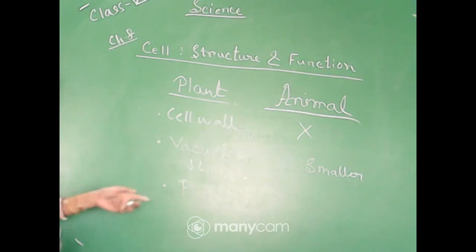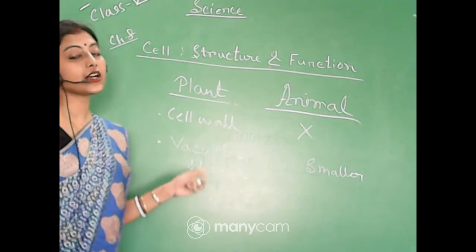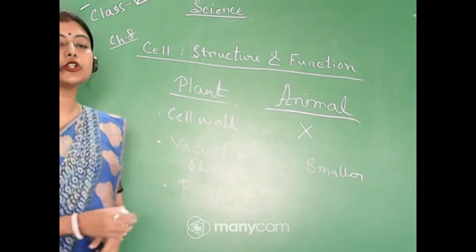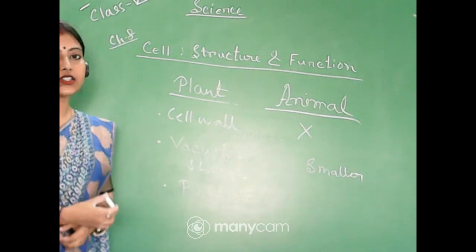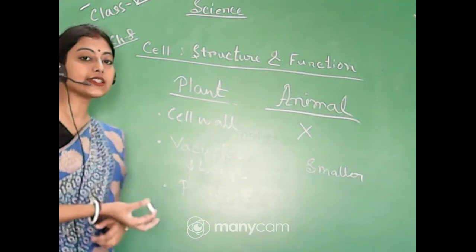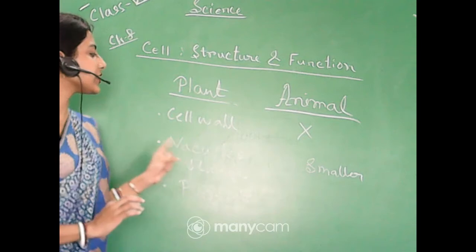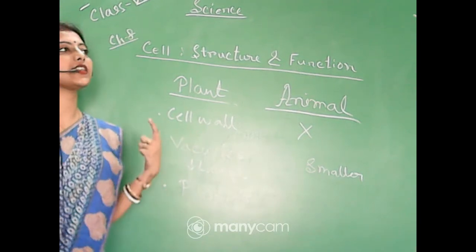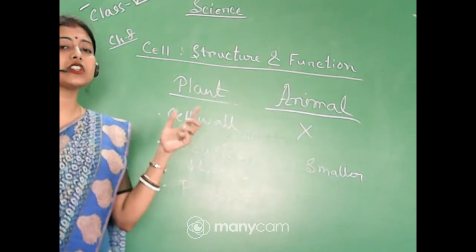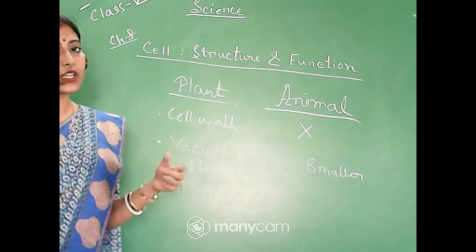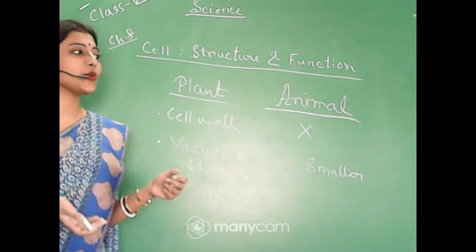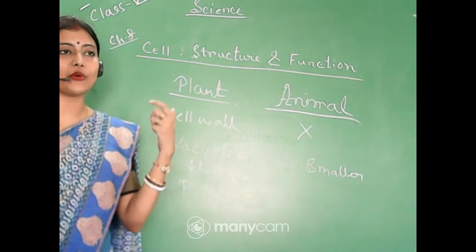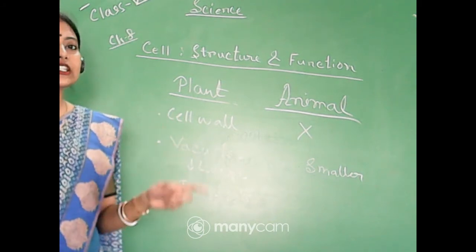Okay. Plastids are colorful cell organelles present in plant cells, but not in animal cells, because in animals we don't have many colors in our body. Our hands or our face are not differently colored.